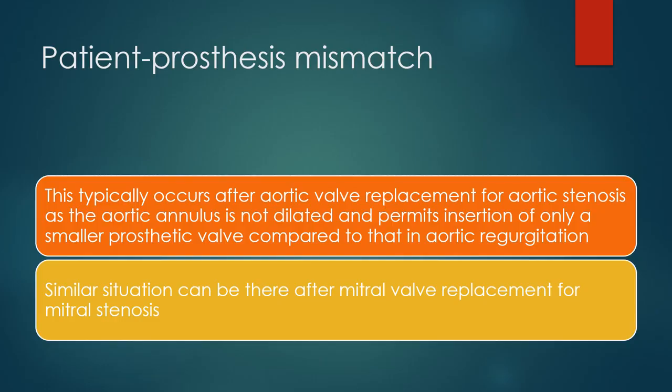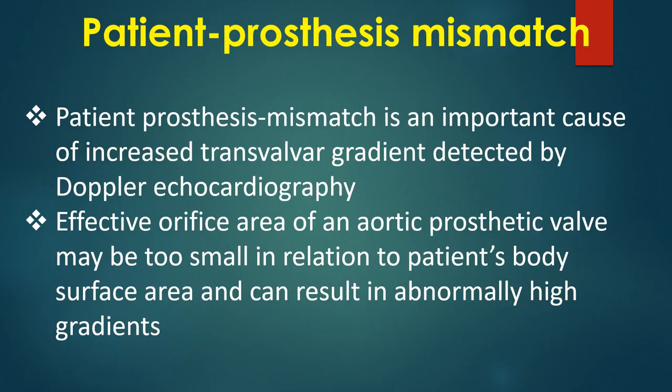Similar situation can be there after mitral valve replacement for mitral stenosis. Patient prosthesis mismatch is an important cause of increased transvalvular gradient detected by Doppler echocardiography. Effective orifice area of an aortic prosthetic valve may be too small in relation to patient's body surface area and can result in abnormally high gradients.